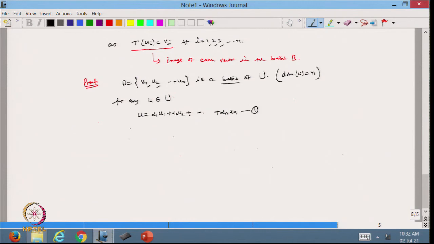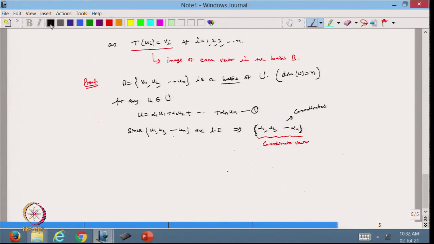Now, since u1, u2, up to un form a basis, all are linearly independent, which implies that alpha 1, alpha 2, up to alpha n, this set of coordinates, is the coordinate vector.